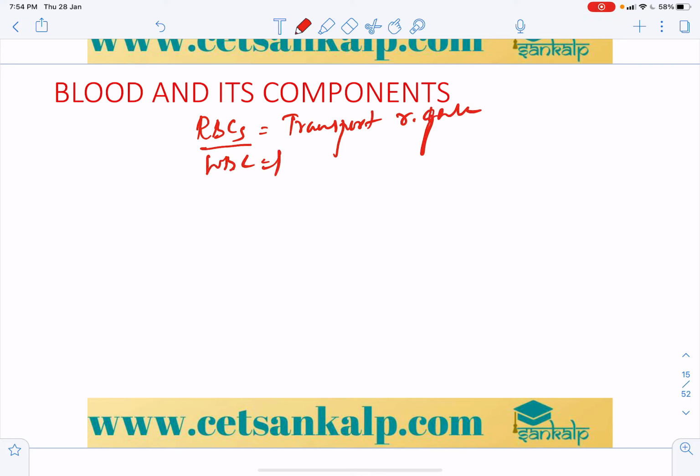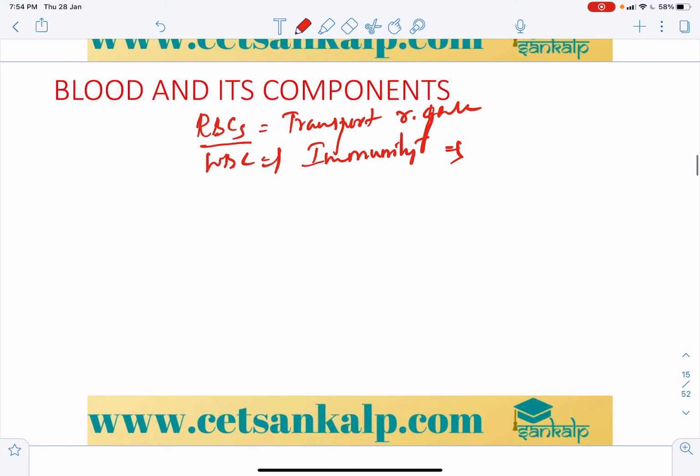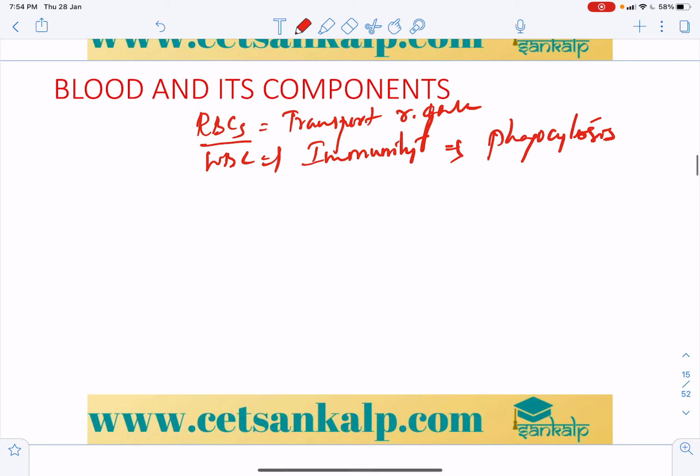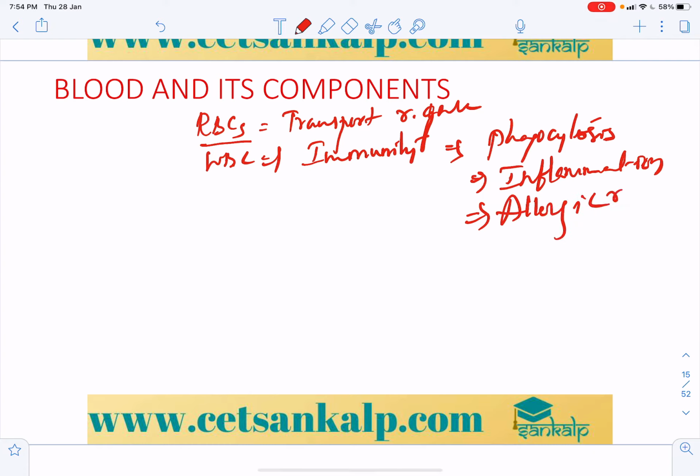They play a major role in providing immunity, mainly through processes where some show phagocytosis, some engulf, some show inflammation, and some create allergic reactions, after which there will be inflammation.